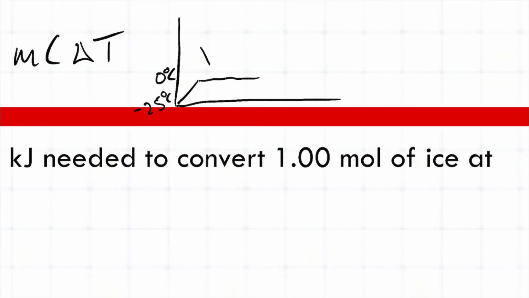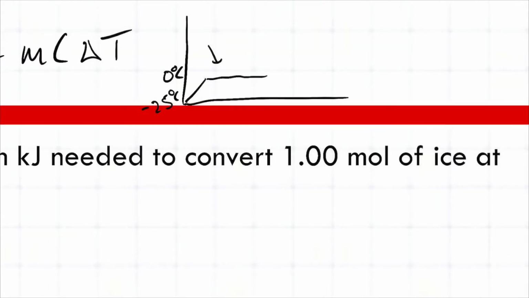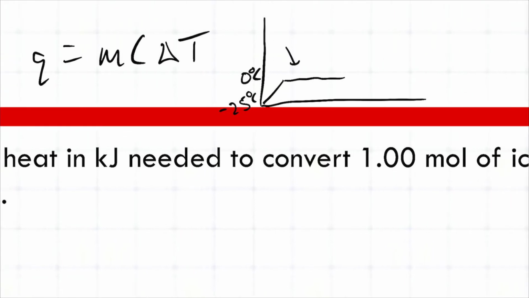Instead of Q equals mc delta T, we use our delta H of fusion to calculate how much energy is required to melt our solid water, or ice. From there, we use Q equals mc delta T again to get from 0 degrees C all the way up to 37 degrees C.